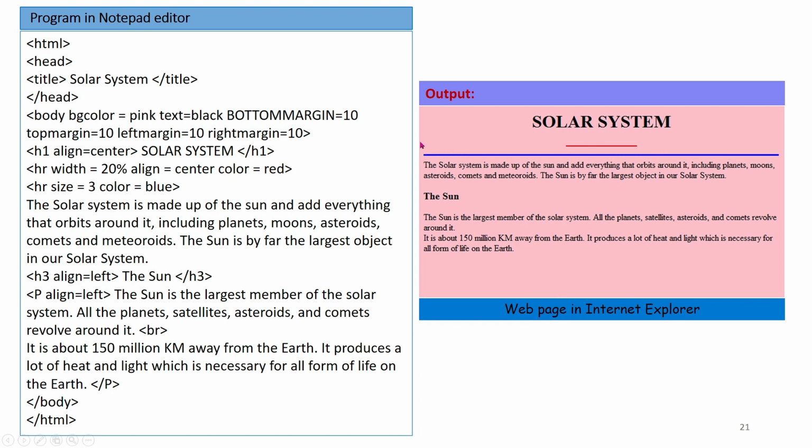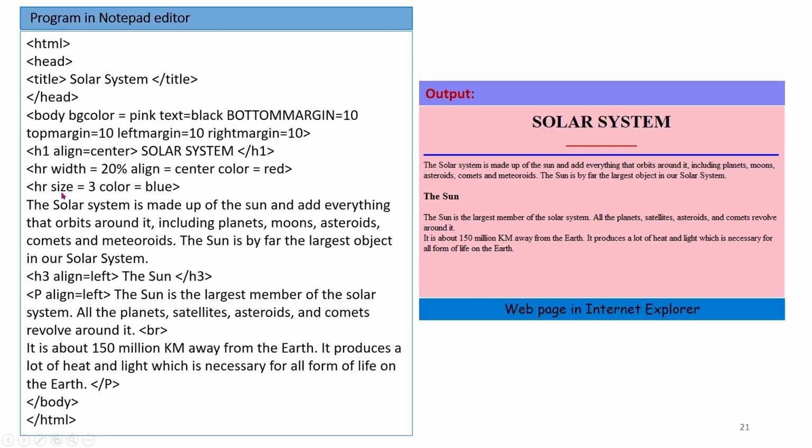So if I consider left to right as 100%, the length of this line is only 20%. So the length of this horizontal ruled line is 20% with the color red, and the size, that is the thickness, we haven't specified, so by default it has taken 1 point.